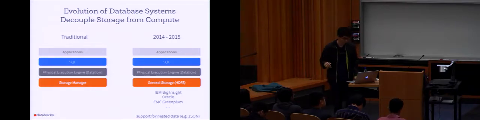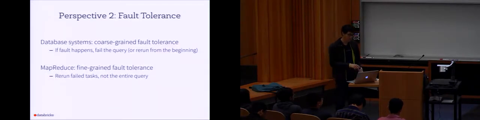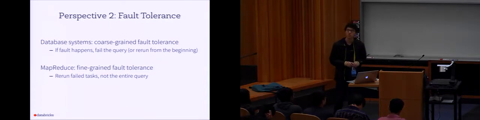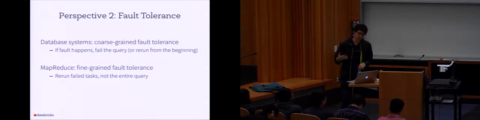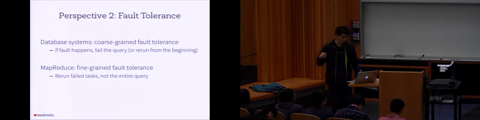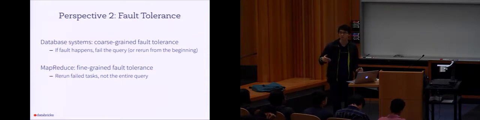It's learning from it. The other perspective is fault tolerance. In the past, parallel database systems typically employed what we call coarse-grained fault tolerance. What it means is, if a machine fails in the middle of a query execution, you just fail the query, or maybe rerun it from the very beginning.